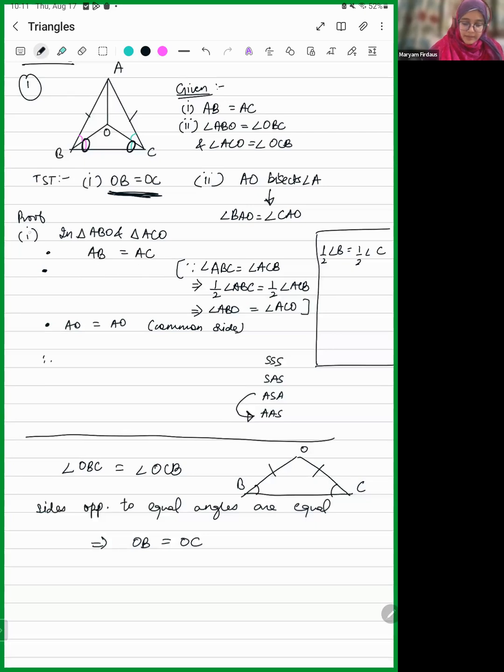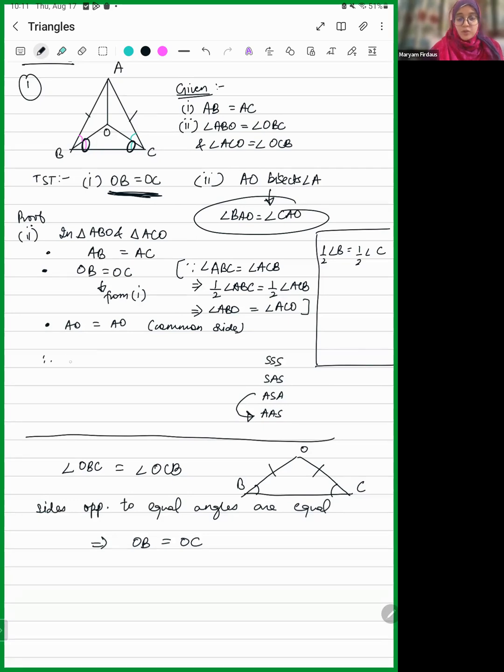For the second proof, AO bisects angle A, now we can prove these triangles congruent. So we can show this OB equals OC. Why? Because we have just proven it from the first one. And AO is equal to AO.